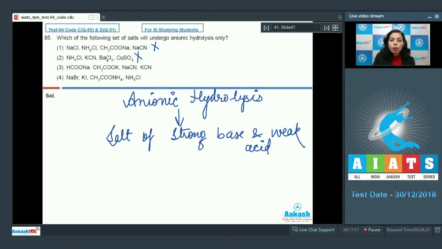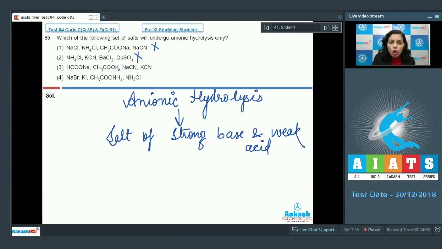Even if we talk about barium chloride, that is the salt of HCl and barium hydroxide, in this case again a strong acid and a weak base are there. It will not undergo anionic hydrolysis. So there is no need to read further. In the third option, there is HCOONa, sodium formate, a salt of a strong base and a weak acid. It will undergo anionic hydrolysis. Further, CH3COOK, that is potassium acetate.